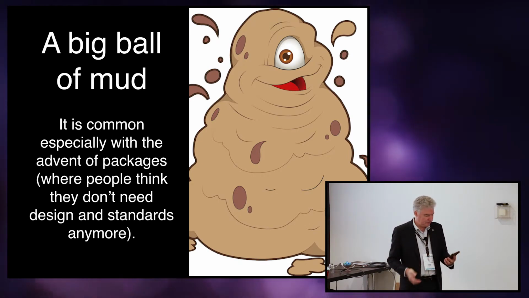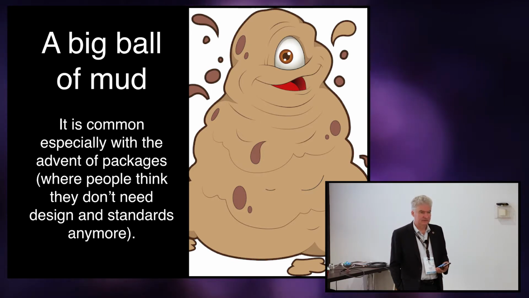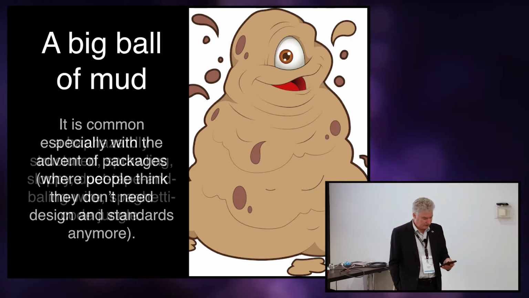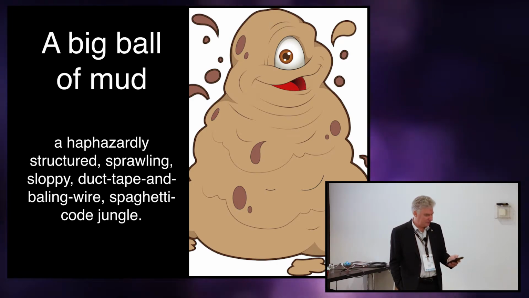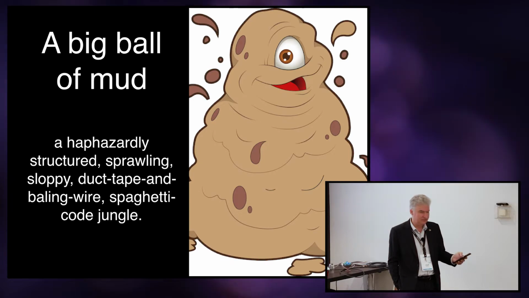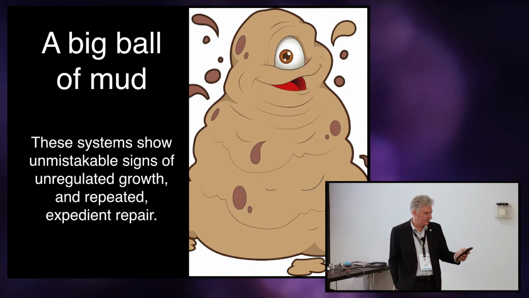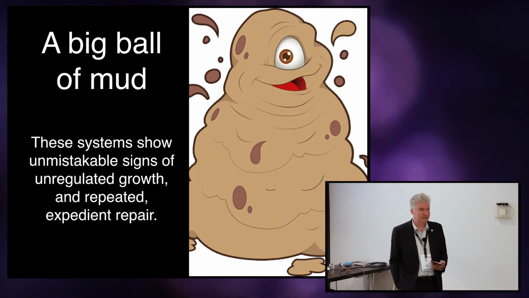It's common, especially with the advent of packages, where people think they don't have to design anymore, they just do. And a big ball of mud is haphazardly structured, sprawling, sloppy, duct tape and baling wire, spaghetti code jungle. The systems show unmistakable signs of unregulated growth and repeated expedient repair.